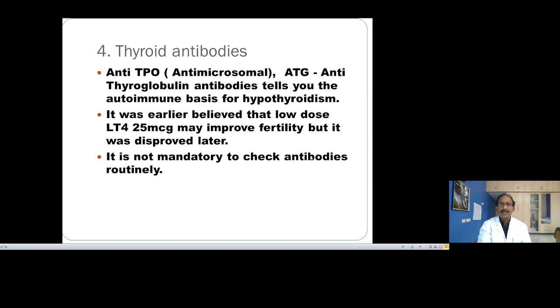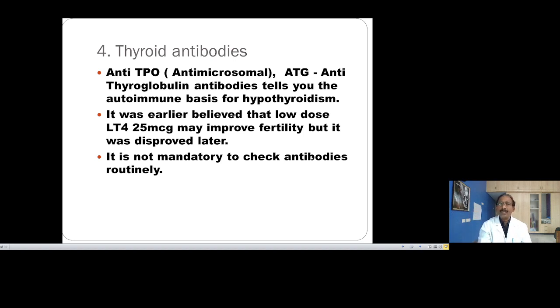anti-thyroglobulin antibodies tell you that there is an autoimmune basis for the condition, and sometimes the preclinical patient might not have established subclinical hypothyroidism or hypothyroidism, and biochemically thyroid function tests may be normal, with only antibodies positive. But usually they may progress to become hypothyroid.